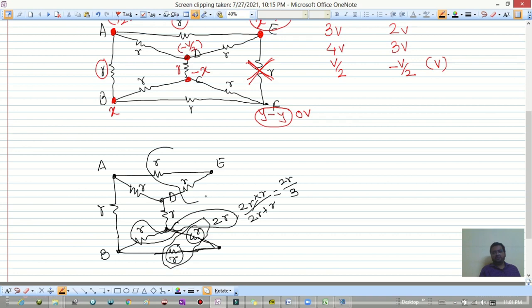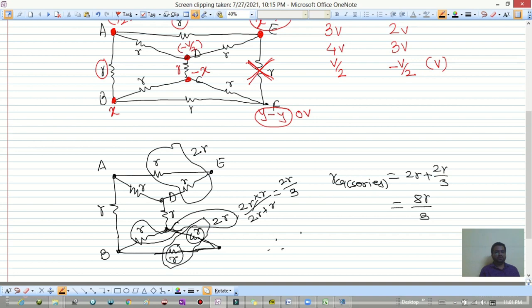Likewise over here, this is 2R, right? So this is 2R by 3 plus this R, 2R by 3 and R are in series. So R equivalent for this series combination, we can write 2R plus 2R divided by 3, and as you can see, it is 8R by 3. So total equivalent for the series combination is 8R by 3, which is in parallel with R, which is in parallel with 2R.